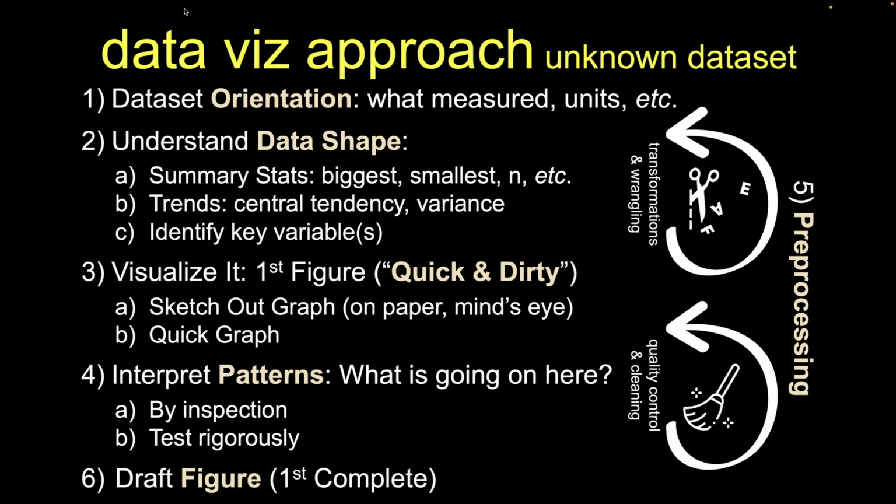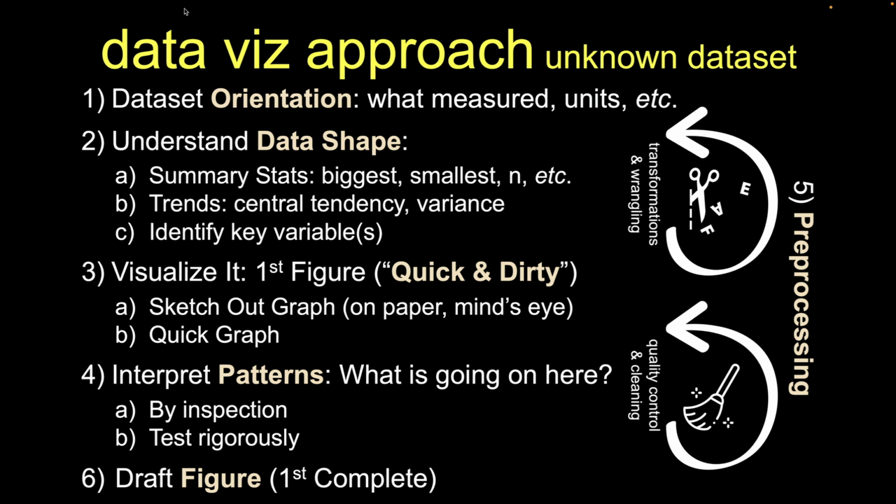So as a reminder, this is the basic approach. You're going to first open up your data set, spend a couple minutes just looking at it, and make sure you know what all the variables are, what all the units mean, etc. Then you're going to do a little bit of exploratory summary stats. So what's my range here? What's the average value? That type of stuff.